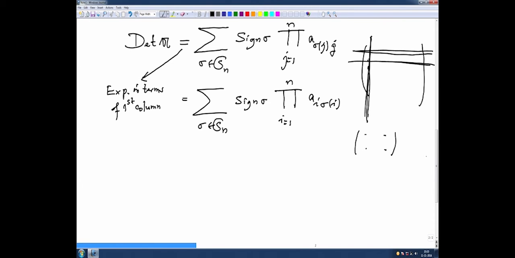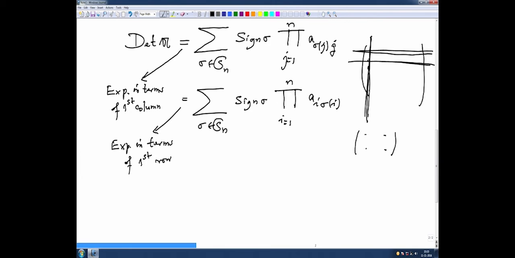So this is the expansion in terms of the first column, and this is the expansion in terms of the first row, and somehow rows were preferred. But if you see our exposition, columns are better exposed for some reason.